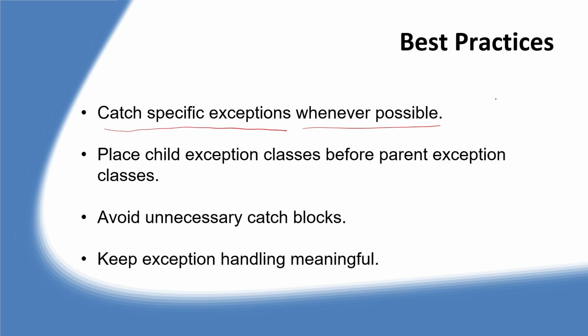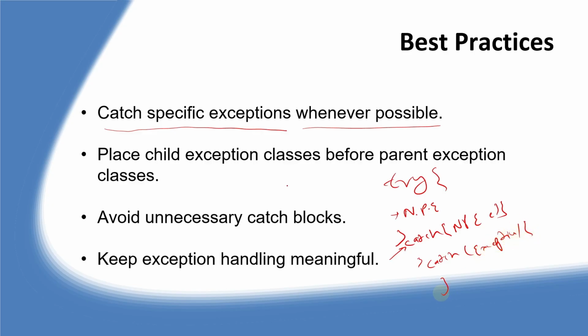What does it mean? Let's say we have a try block and I think I might get a NullPointerException in the try block, then I should write a catch block for NullPointerException. This is what a specific catch block is. It will handle only NullPointerException, and then a catch block for all exceptions.